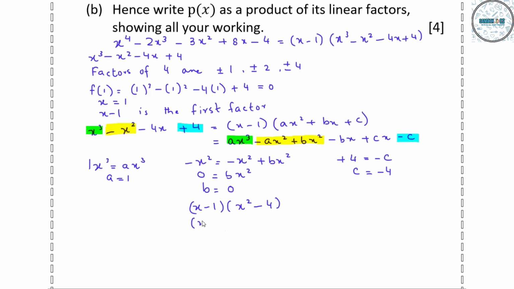We can further factorize it using the identity x squared minus 2 squared, which is equal to x minus 2, x plus 2.